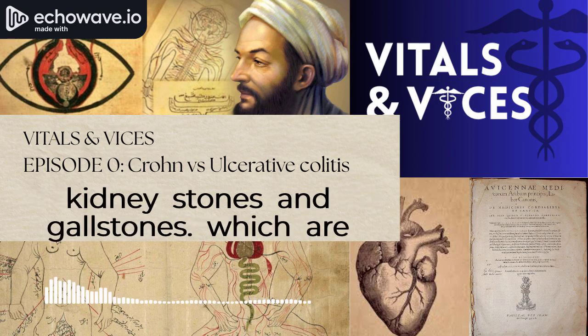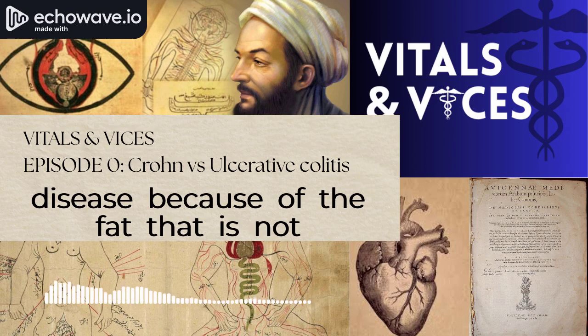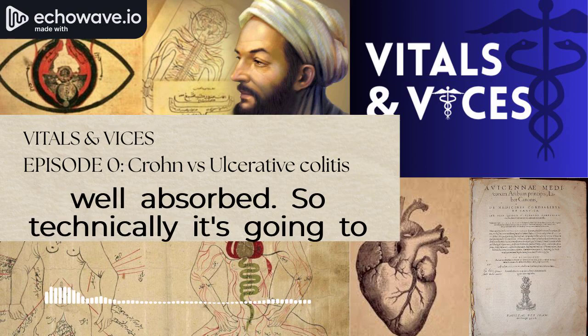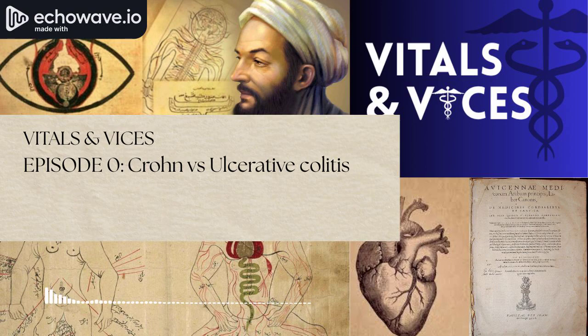We can have as well kidney stones and gallstones, which are also seen more frequently in Crohn's disease because of the fat that is not well absorbed. So technically, it's going to give kidney stones and gallstones.